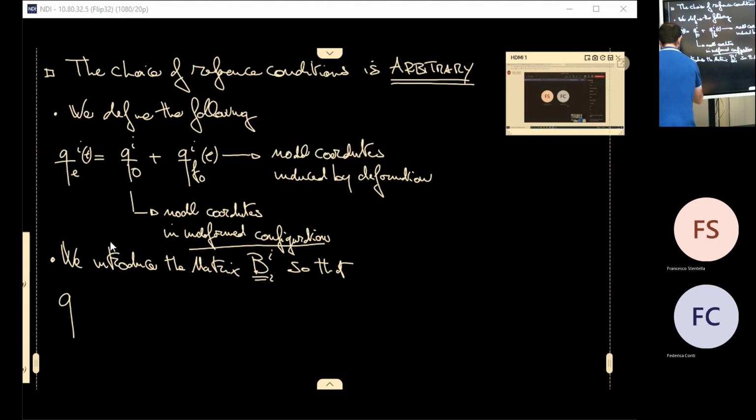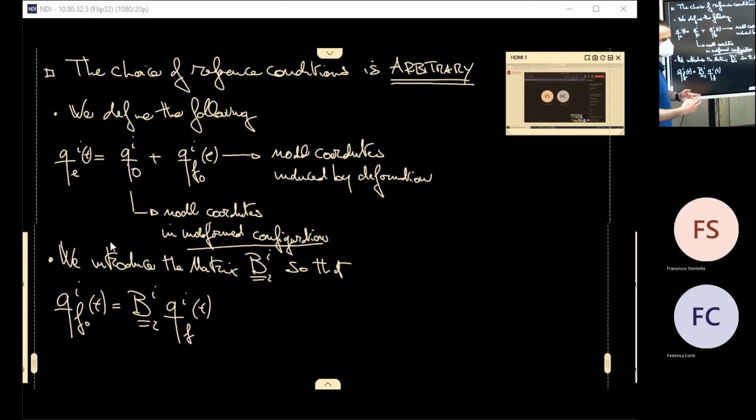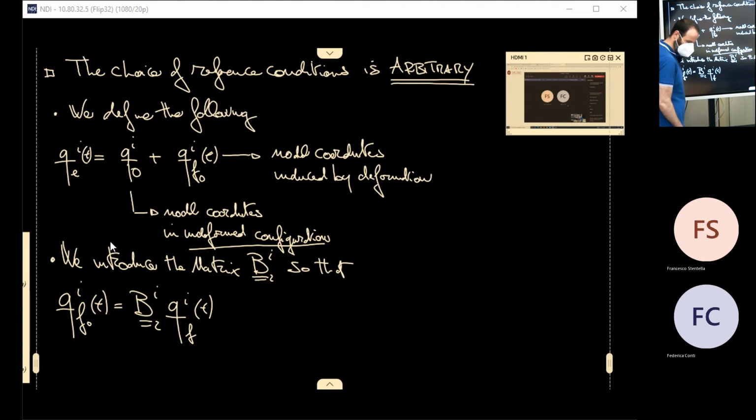So that q_f0^i, the vector of nodal coordinates induced by deformation, is equal to B_2^i applied over q_f^i of time. And one can say, okay, but how is this related to the fact that I have to impose a reference condition? All right, we'll see that.